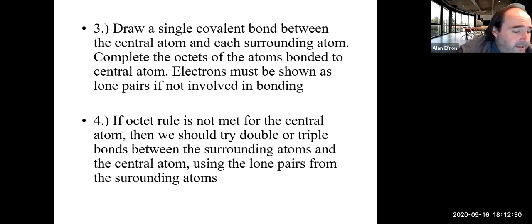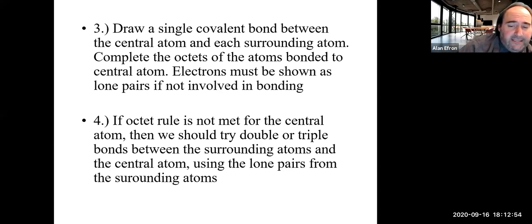At that point, you want to make sure everybody has met the octet rule. That means everybody has 8 electrons around it. The exception is hydrogen, which should only have 2. If somebody does not meet the octet rule, that is when you want to double bond to try to fix that problem. And if a double bond doesn't work, what you want to do next is triple bond.